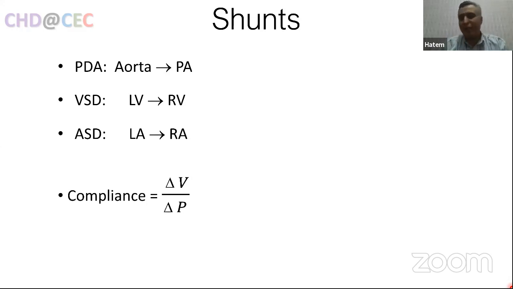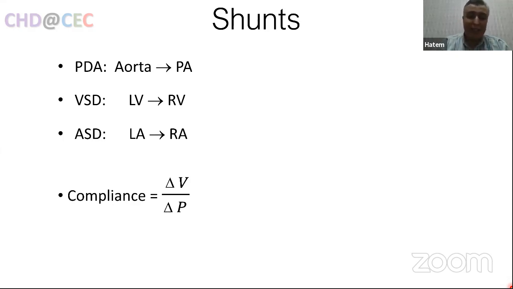So if we have like 20 mils, 50 mils of blood, having to go from left atrium to left ventricle, and the same amount of blood having to go from right atrium to right ventricle, pressure will rise a lot less in the right ventricle than the left ventricle, because the RV wall is much thinner than the LV wall.